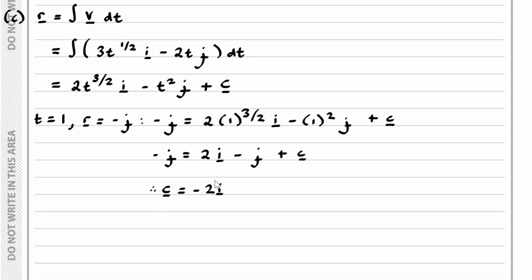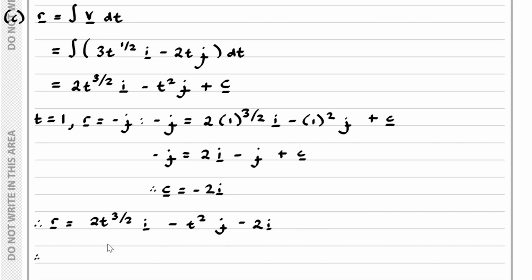And knowing that c is equal to minus 2i, replacing c with minus 2i, we can therefore conclude the position vector r is equal to 2t to the power of 3 over 2 i minus t squared j minus 2i, which is what c is.